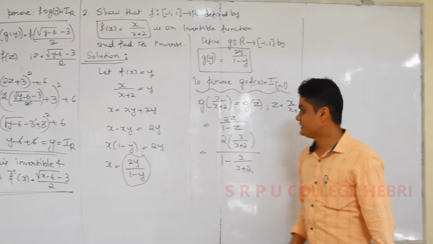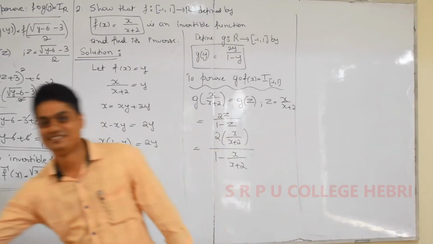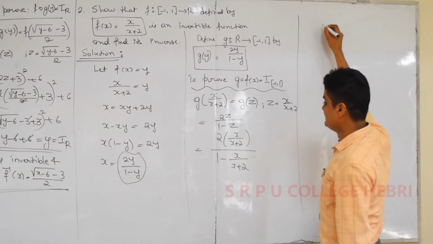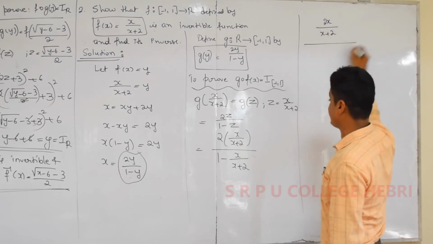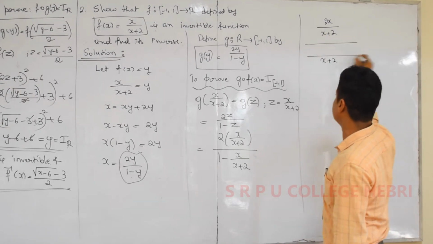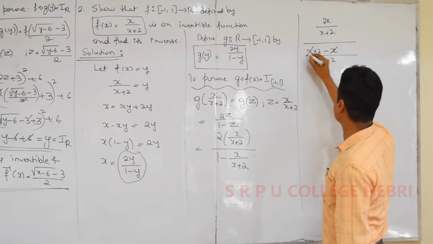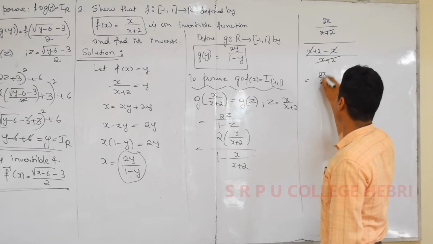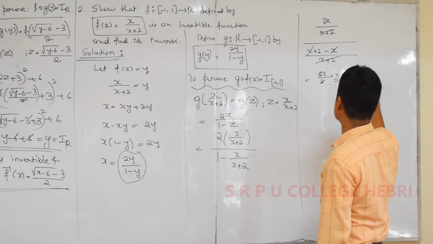In the numerator keep everything as it is, but in the denominator take LCM. What is the LCM? x plus 2 is the LCM. x plus 2 minus x. So plus x minus x cancel. So 2x by 2 cancel. What is remaining? x. So it is the identity function of minus 1 to 1.